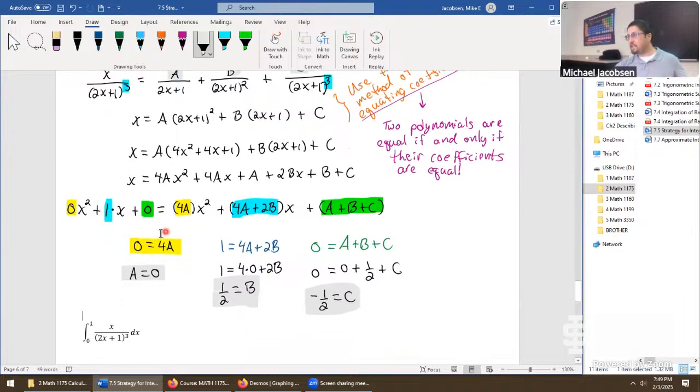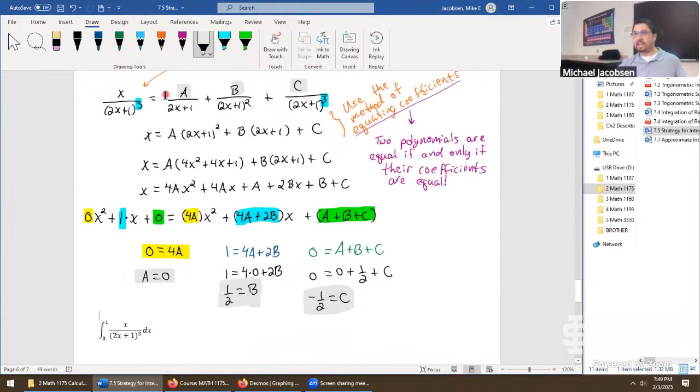Okay, so last step. With a lot of steps in calculus, it's just substitutions. Go back up here, and first term is gone. We don't need to write it in if 0 is in the numerator. We'll just scoot over to this one. B coefficient is a 1/2, so that is 1/2 over 2x plus 1 squared.